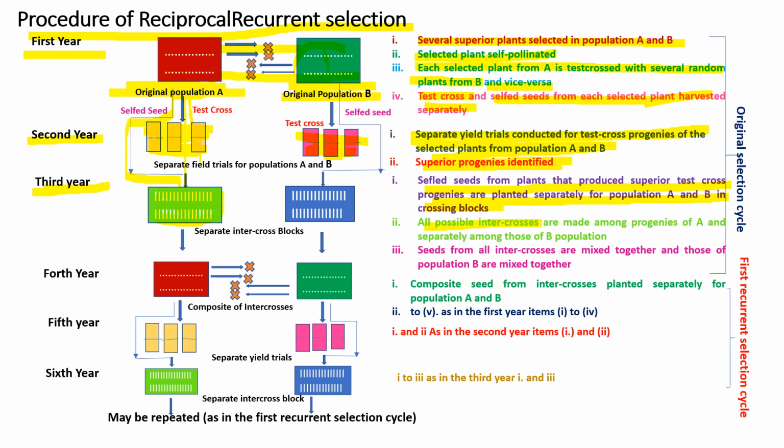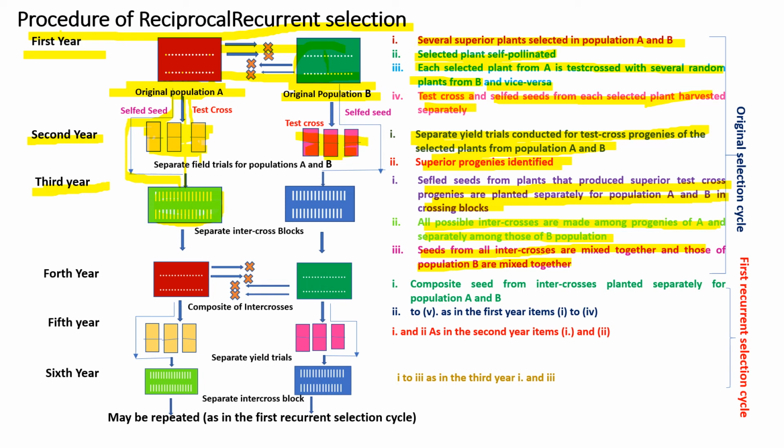All possible intercrosses are made among progeny of A and separately among progeny of B. Seeds from all intercrosses of A are mixed together, and those of population B are mixed together.